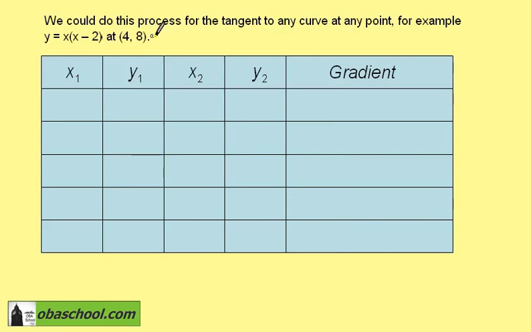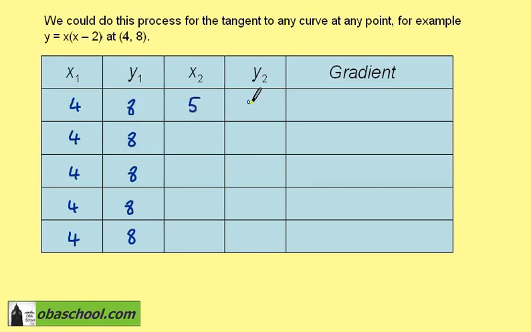We could use this process to find the gradient of the tangent to any curve at any point. For example, y equals x times (x minus 2) at (4, 8). Since we're looking at the point (4, 8), x1 and y1 would be 4 and 8 throughout. We'll take a point close to (4, 8).